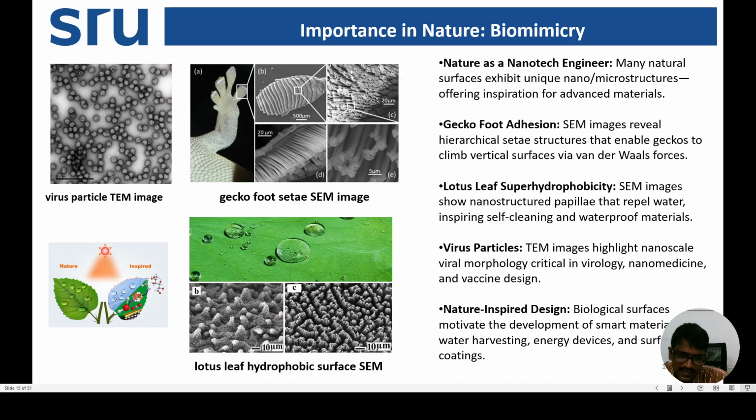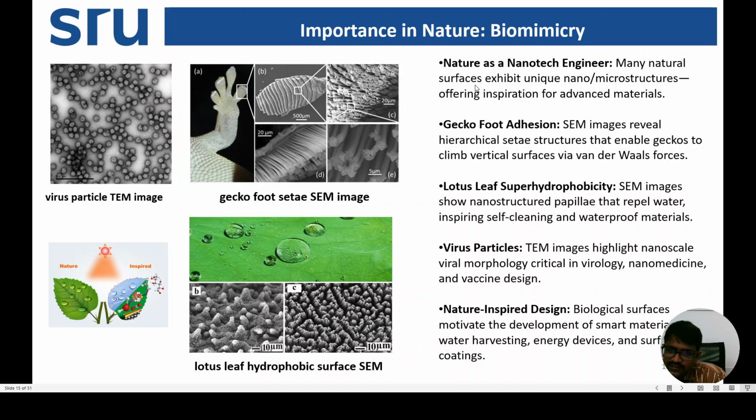So this nanotechnology is there already on the surface of lotus leaves. So we can take inspiration for many applications and many properties from nature. That's what I wrote here.